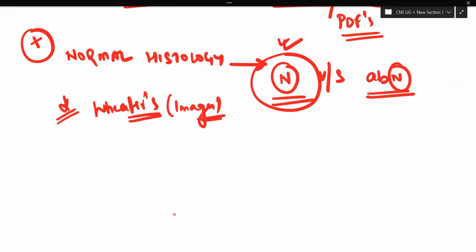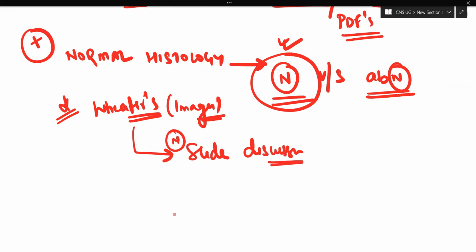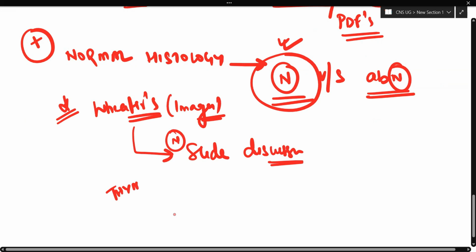Now, what we are going to do at Simply Pathology from our end, in this dedicated first year MD Pathology group, is start certain normal slide discussions again. What is the meaning of normal slide discussion? So for example, I will give you a normal slide of the thymus.